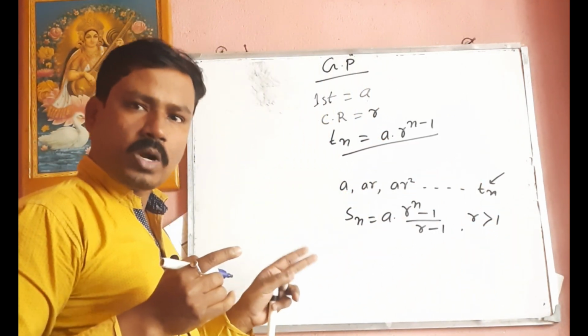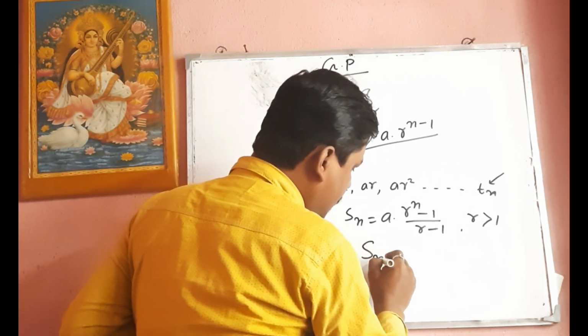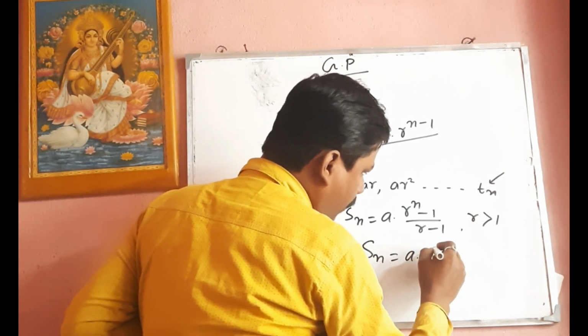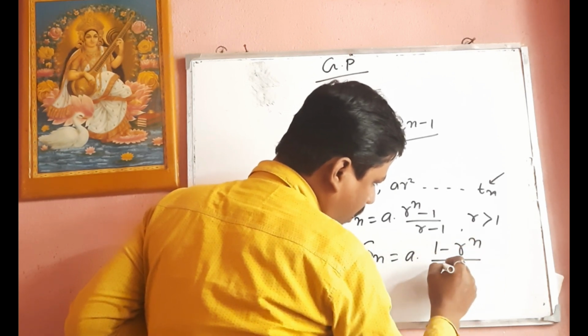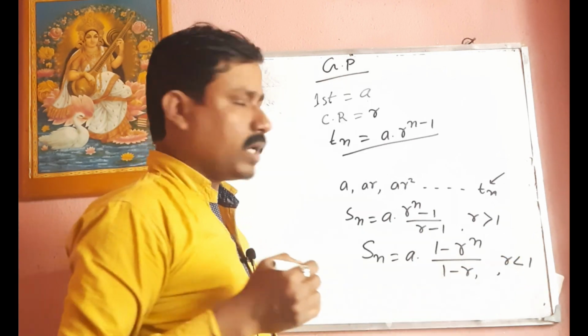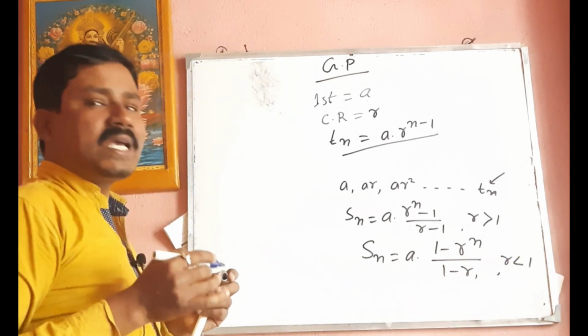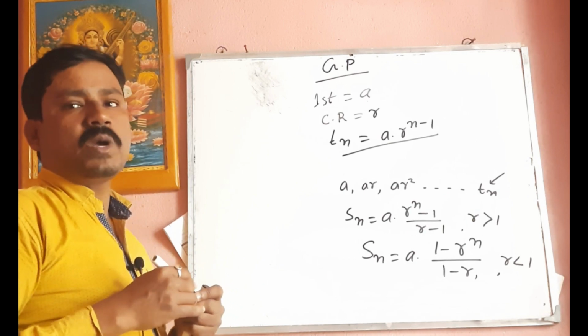This is one formula to find the sum of n terms. And similarly, Sn is equal to a times 1 minus r to the power n divided by 1 minus r, where r is less than 1. So this is important for GP, that is, geometric progression.